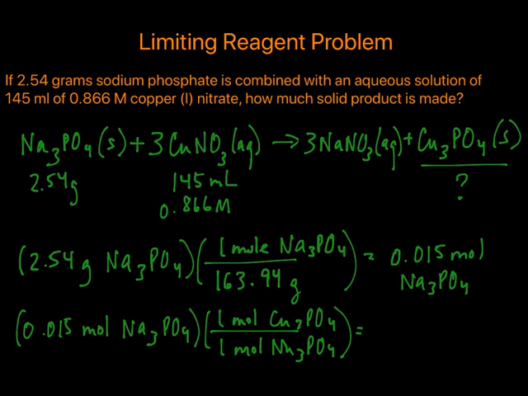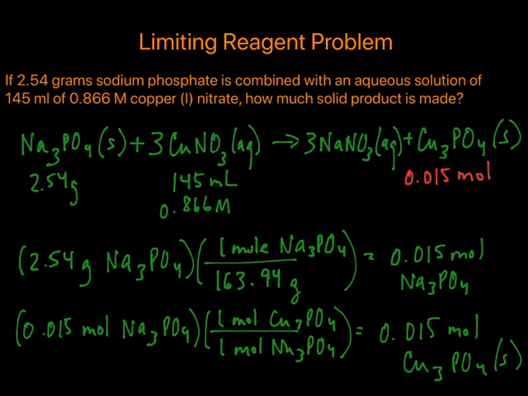So basically then we're going to produce 0.015 moles of copper phosphate. So let's keep that in mind. I wrote that piece of data in red here, that we're going to form 0.015 moles of copper phosphate from our 2.54 grams of sodium phosphate.